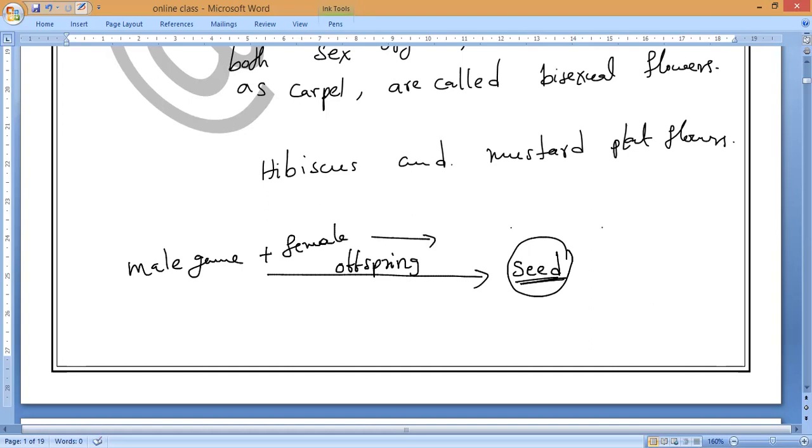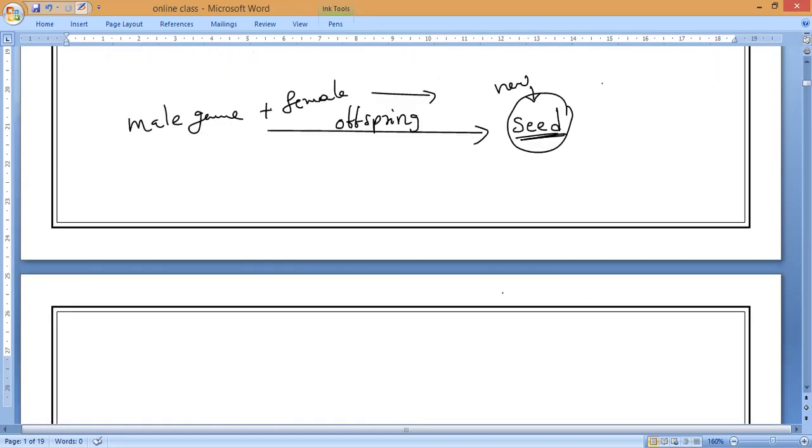That is what we call new seeds, meaning to produce the new generation. The male gametes present in the pollen grains unite with the female gametes present in the ovule. So how will it take place? This reproduction in flowers is carried out in two stages.